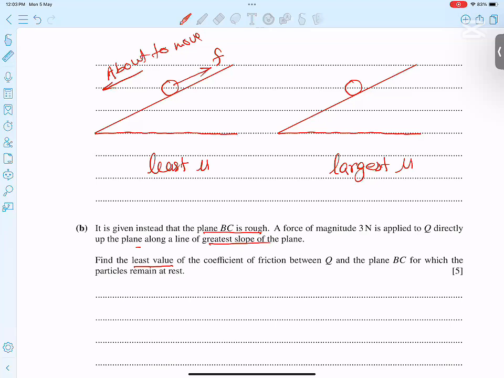So where is the friction then? Naturally, friction is up. When the force is at its largest value, it is about to move up, so friction will be down.